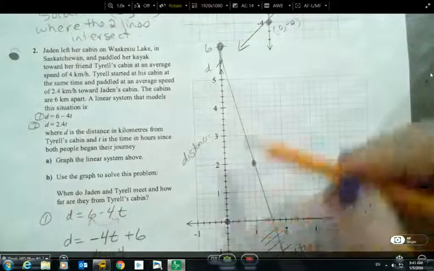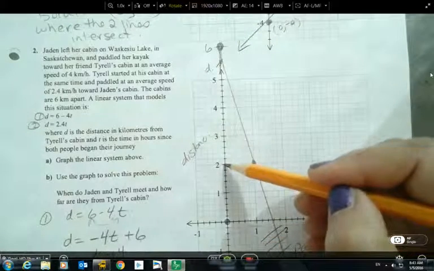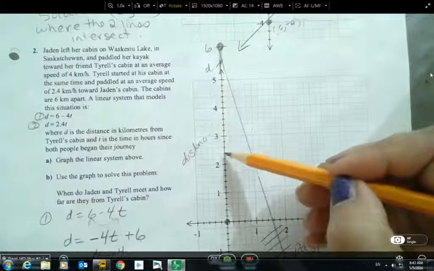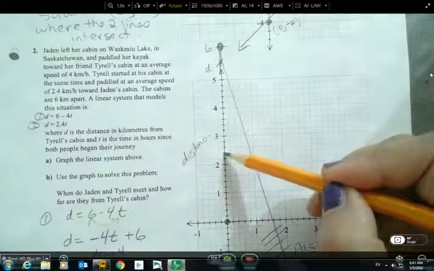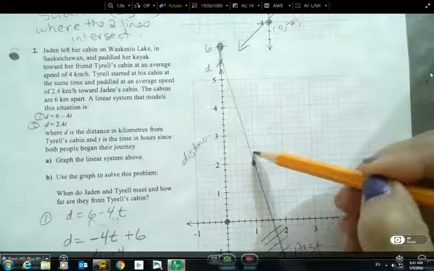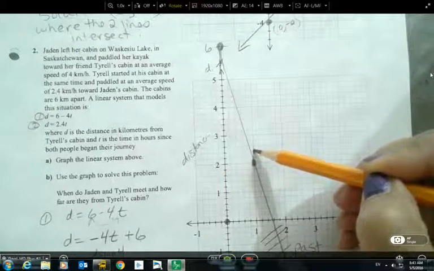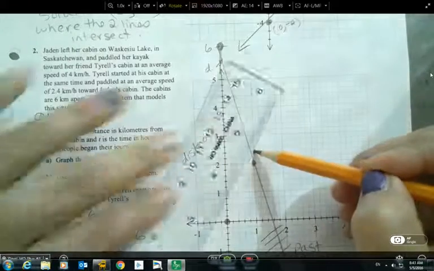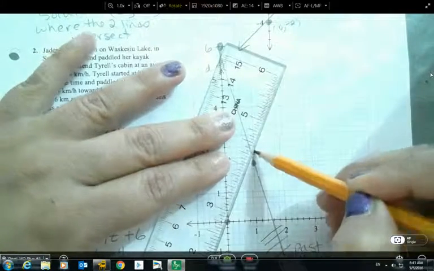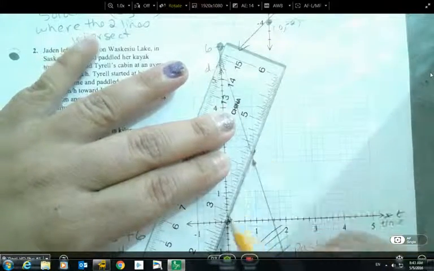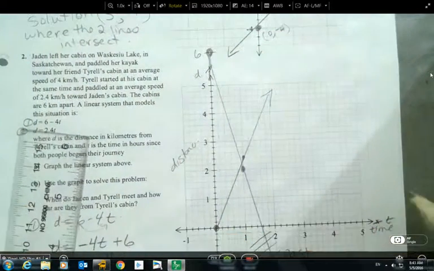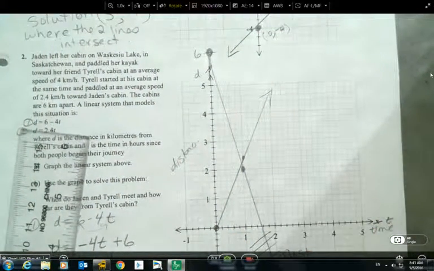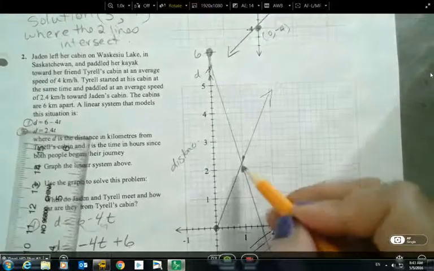So let's see if we can estimate what 2.4 is. What are these separated into? They're in 0.2s, so I can just go up 2.4 here and then over 1. So that kind of gives me a good estimate of where I am. Okay. All right. So where does this graph intersect?